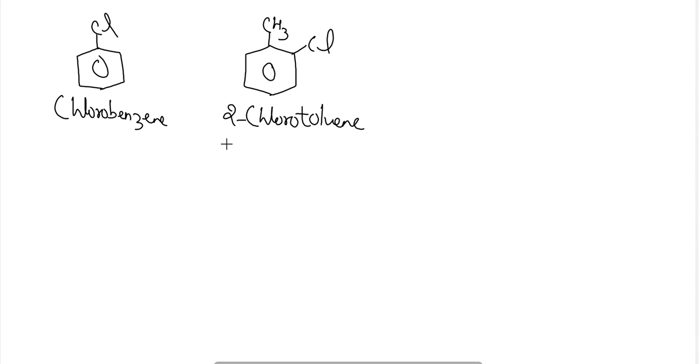2-chlorotoluene, or also we can call it, this is the second position, so the second position is termed as the ortho position, so the name of this compound will become orthochlorotoluene.